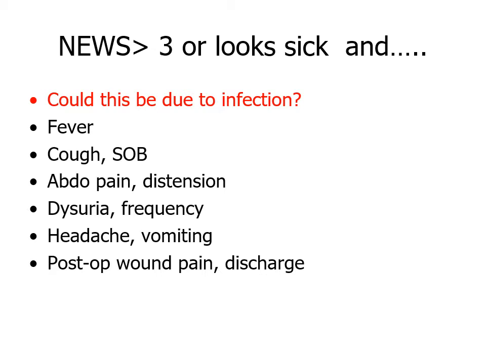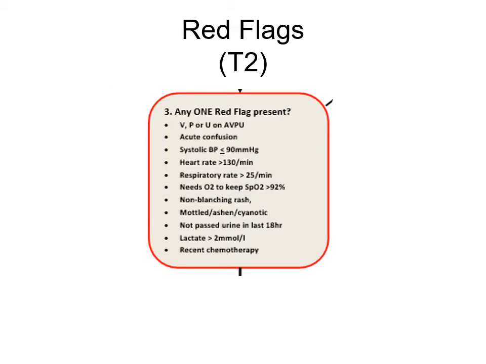It's probably worth at this stage just having a think about what red flags there might be. Well, these are derived from national sepsis guidance, particularly from the UK Sepsis Trust. And if a patient has any one of these, then we need to act quickly.